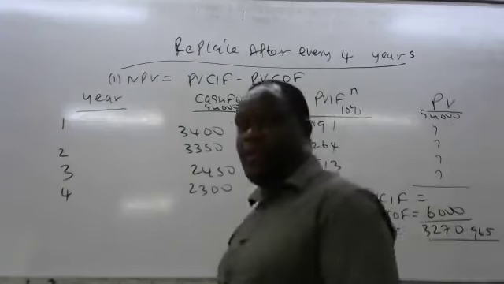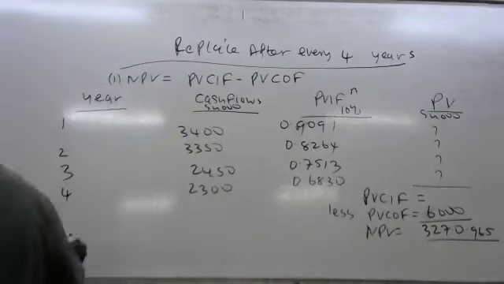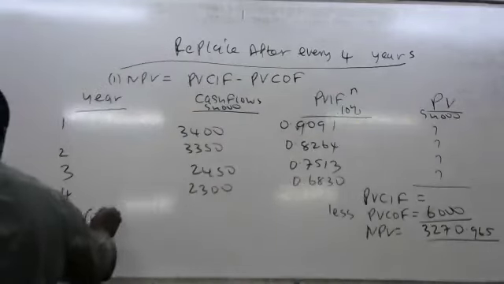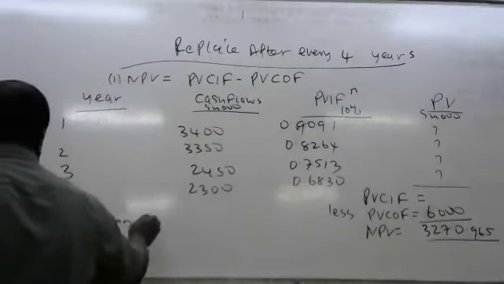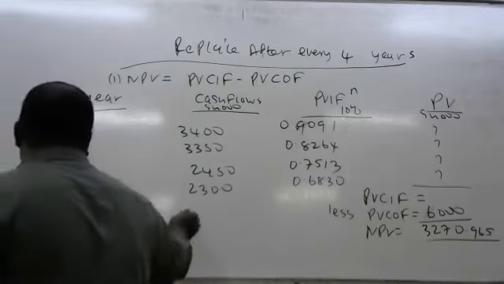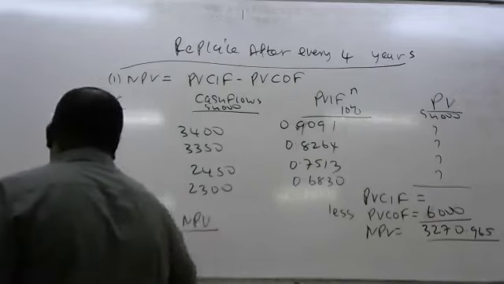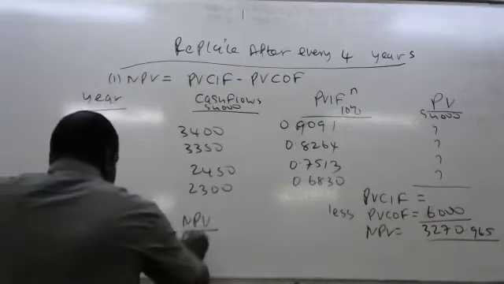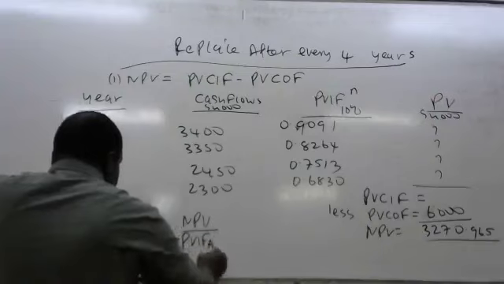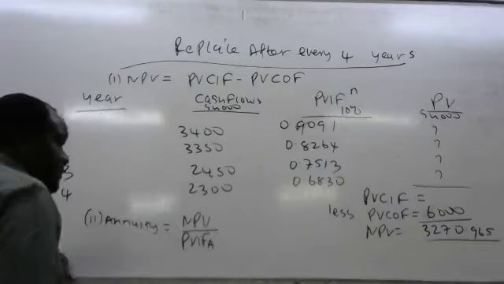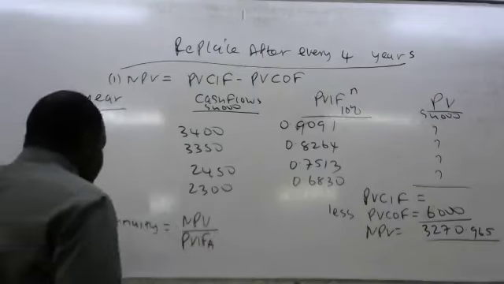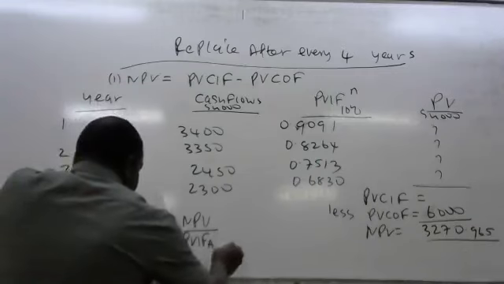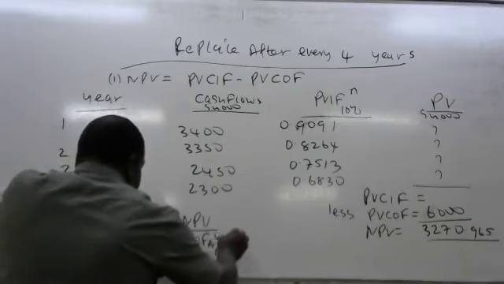So that you also compute the annuity for that as your step number 2. So to get the annuity will simply be NPV, we divide by present value interest factor for the annuity. So it should be 10% for 4 years.